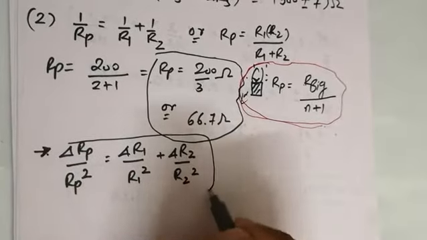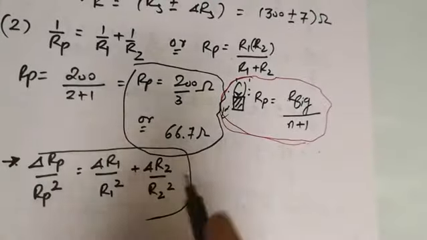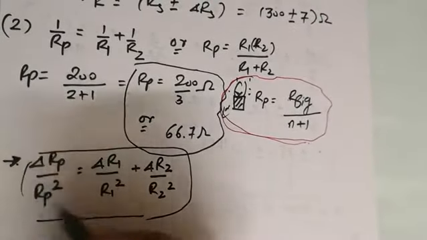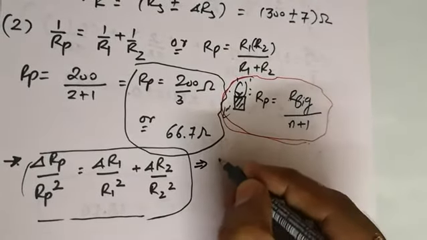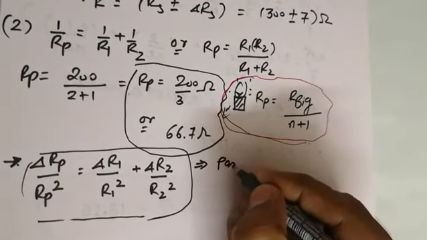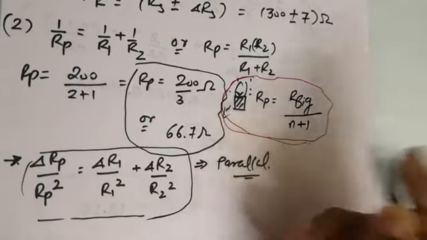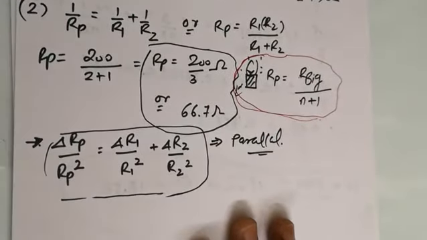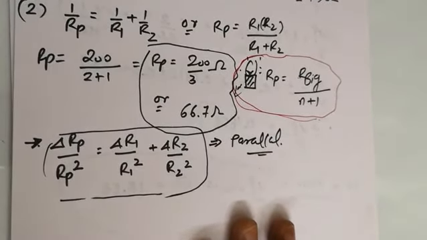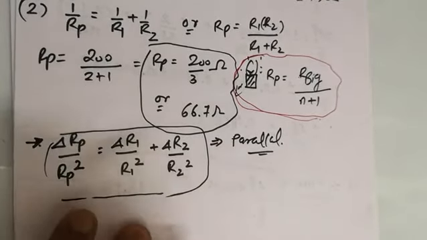This is the equation for resistors in parallel. This is the equation which may sometimes give goosebumps to students because they forget how to calculate all those data.